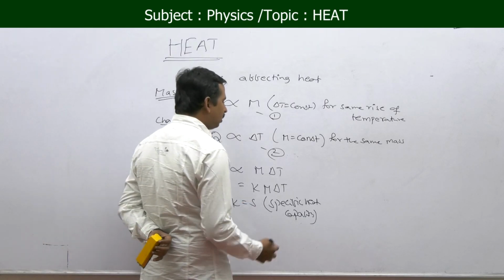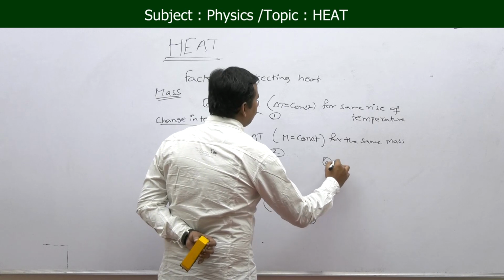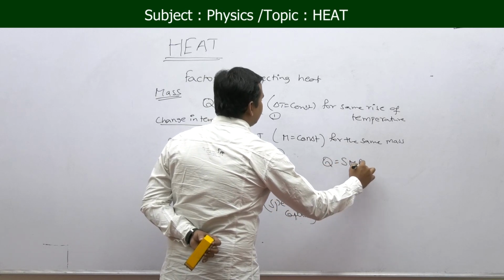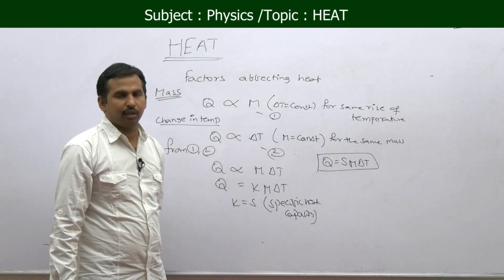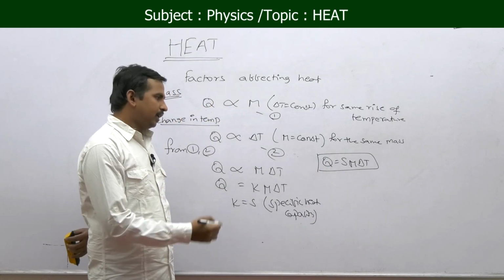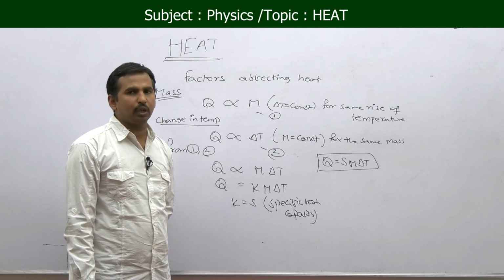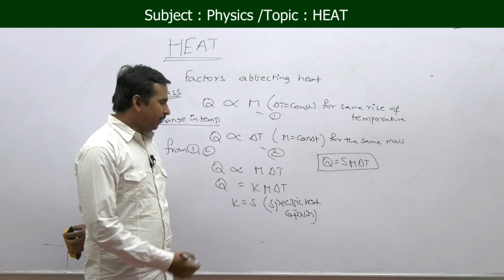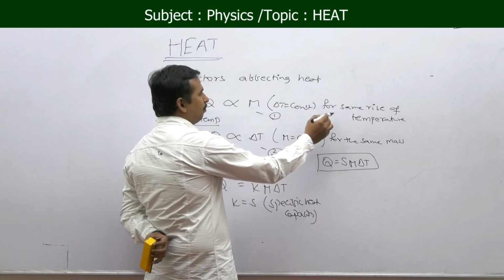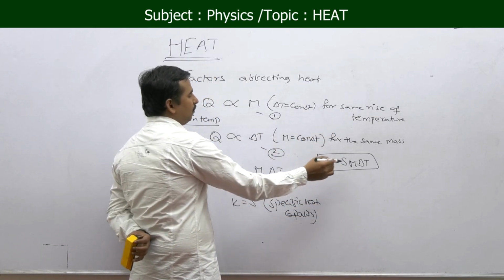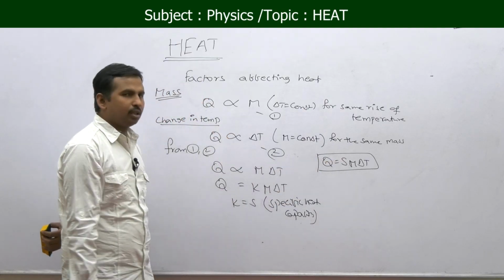Then if K is equal to S, finally we got the formula Q is equal to S into m into delta T, for heat energy, where S is the specific heat capacity, m is the mass we are taking, and delta T is the change of temperature.